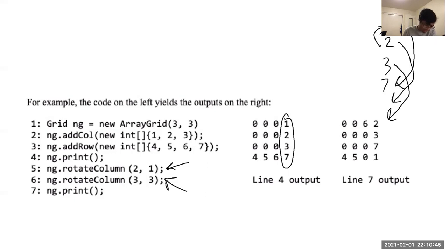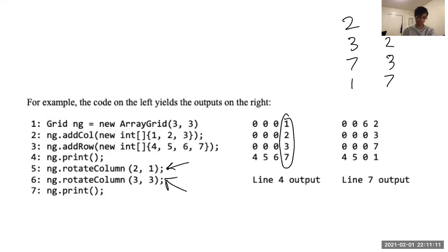Let me redraw this. The first step is here, the second step is here, and the third step is here. That's the third rotation. And then finally, the 7 does the same, and it goes to the second index. So the new rotated column will look something like this. Everything is shifted down by 3.